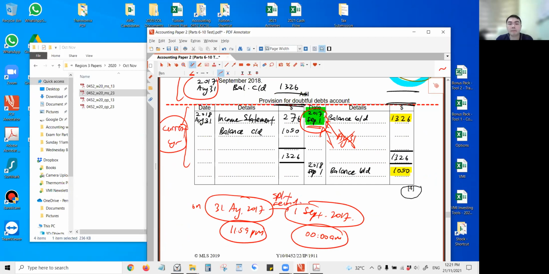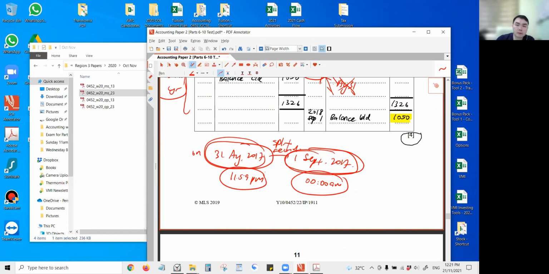Therefore, it's the same. Trade receivable on this day is the same as this. You get the idea? Just a split second here, right? Therefore, the trade receivable at this point must be the same as this. It will not change in a split second. Okay, so it's the same.